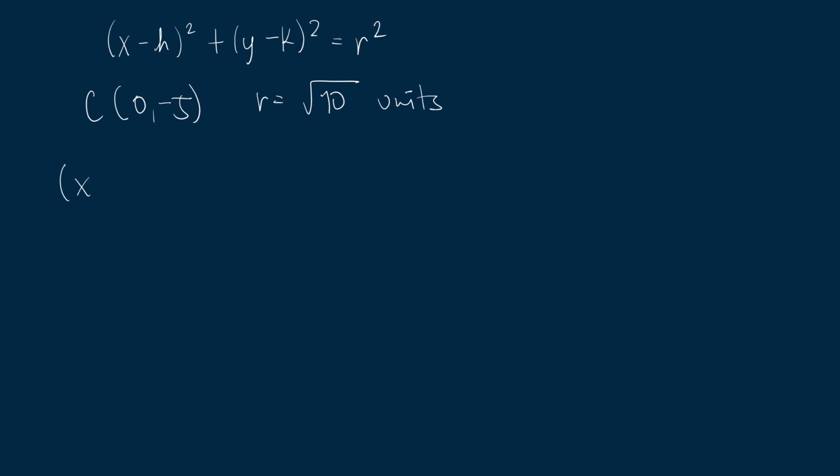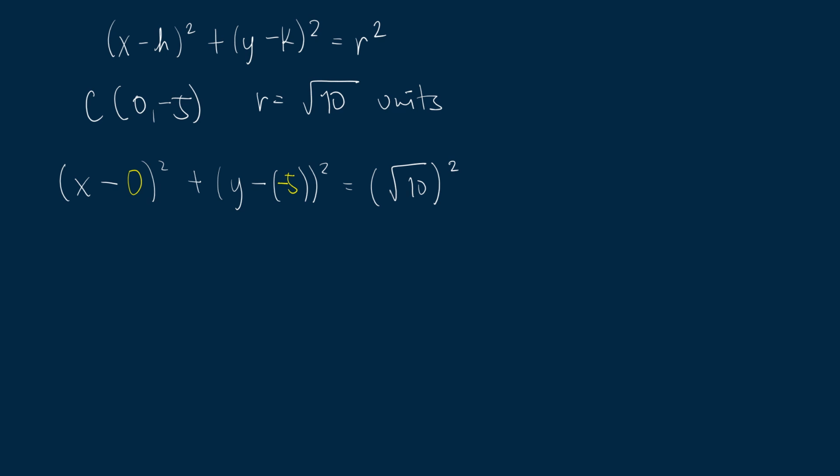We have (x minus 0) squared plus (y minus, again, this is -5, so you will write y minus (-5) instead of y minus 5), parentheses, squared is equal to square root of 10 squared. It is not square root of 10 only, but rather square root of 10, squared.